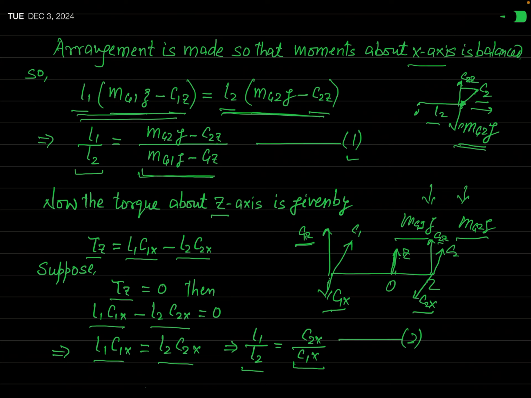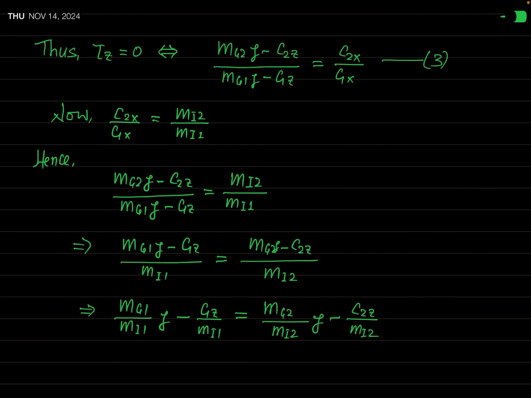But equation 2 is valid when we have assumed that tau z is equal to 0. So, if tau z is equal to 0, then you can equate the RHS of equation number 2 and that of equation 1. Okay. So, now let us equate it.